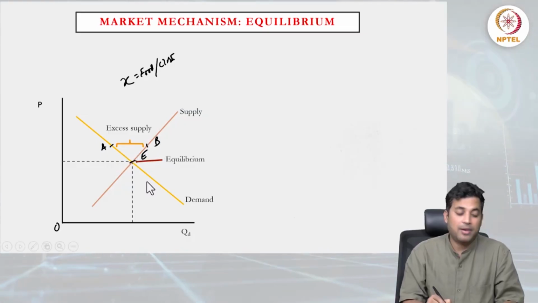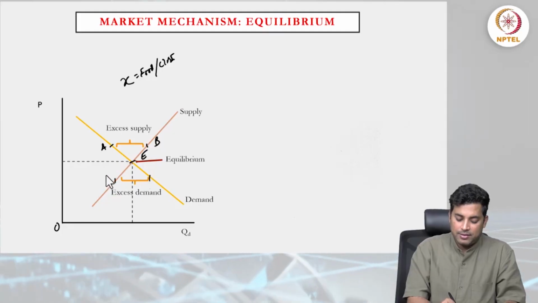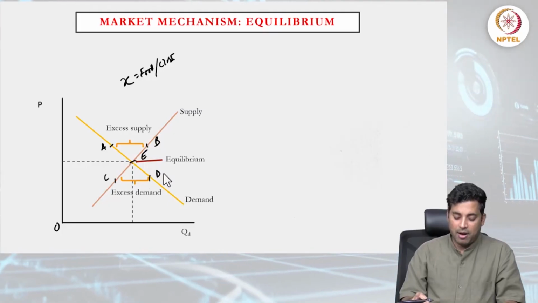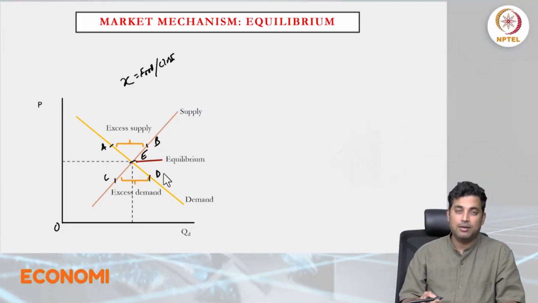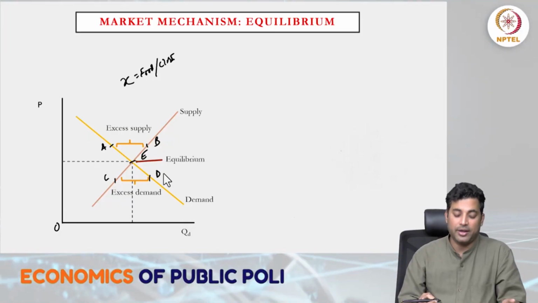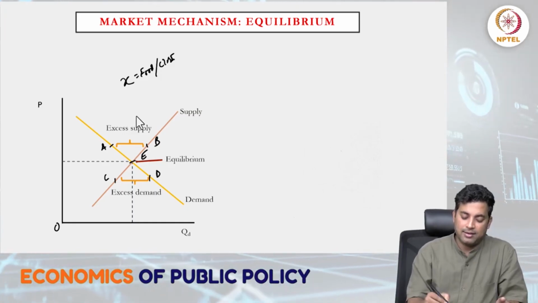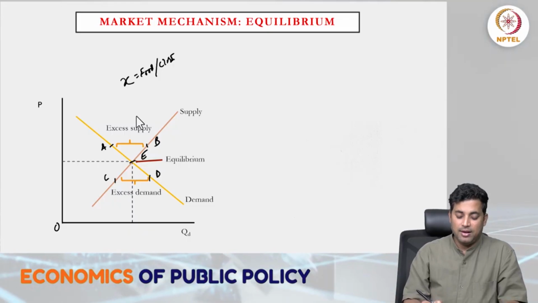So this is excess supply, where supply is more than demand, and here say points C and D, there is more demand than supply, which is the excess demand. So there is a kind of shortage, and here is the surplus. Excess supply is basically the surplus, and excess demand is basically the shortage.